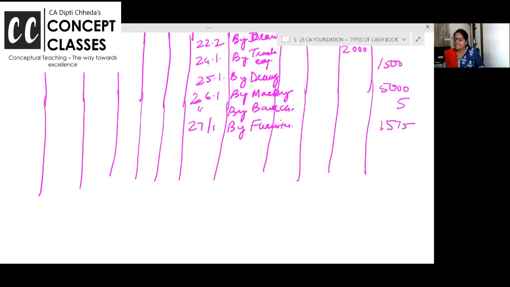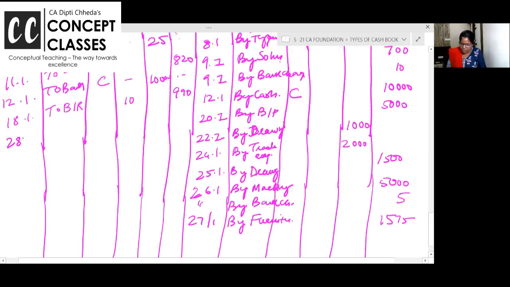20th of January, received a crossed check for commission 500 from R and Co and deposited into bank. देखो क्या है फिर से एक बार. You have received a check of 500 and on the same day you have deposited in the bank. So on 20th of January, to commission.